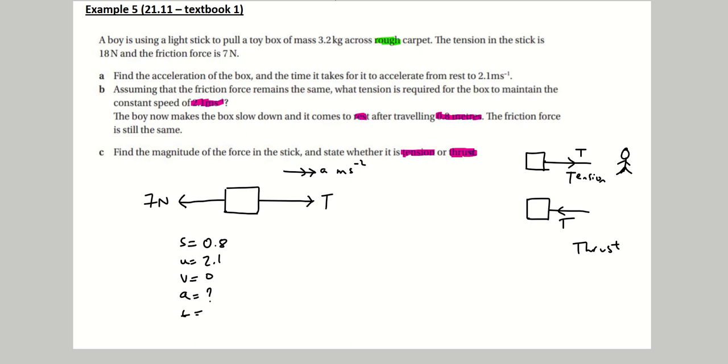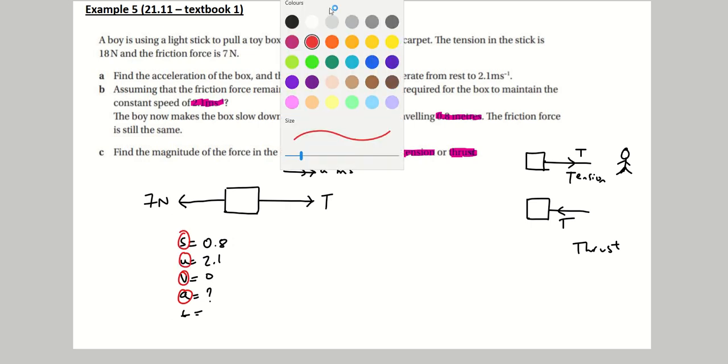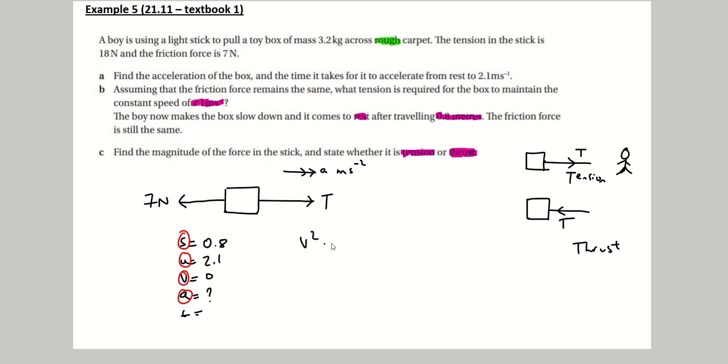So recall, to use the Suvat equation, we need to know three of the unknowns and then a fourth we're trying to find out, which we do. So we're going to be using v squared equals u squared plus 2as. These are all on the formula sheet. So I'm going to substitute in what I know: 0 squared is equal to 2.1 squared plus 2 times a times 0.8.